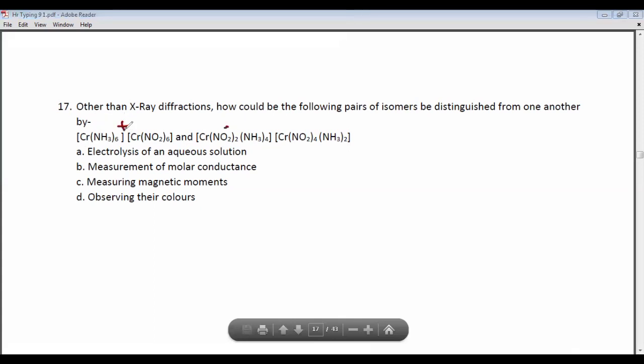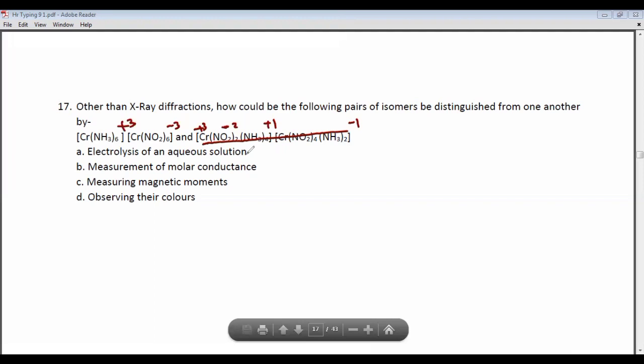The charge of that entity will be +3 because the coordination number of chromium is 6. The second one will be -3. What about this one? Chromium still +3, -2. This will be +1. This will be -1. So these two entities differ in what?